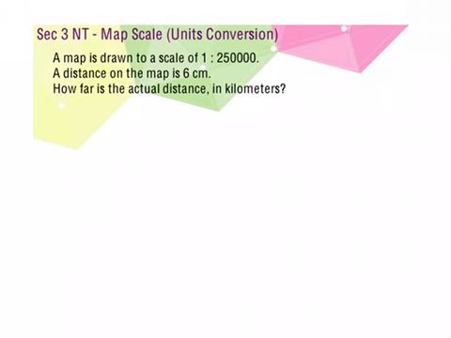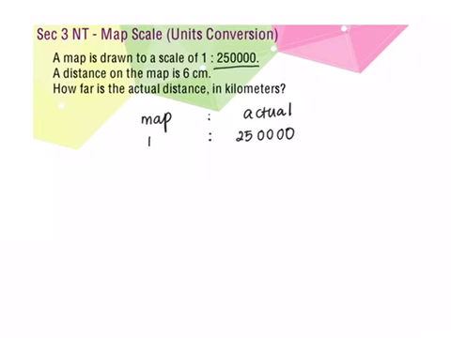Now, how do we apply these to find other types of measurements, the actual distance or the distance on the map? Okay, so first one, the map is drawn to a scale of 1 is to 250,000. So in this case, we need to write down our map and actual. On the map, it says 1 unit is to 250,000 for the actual.